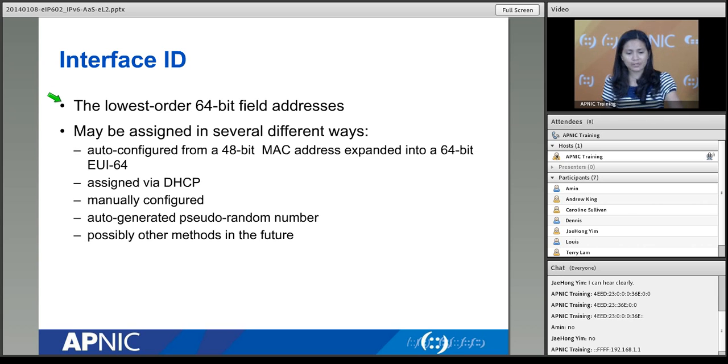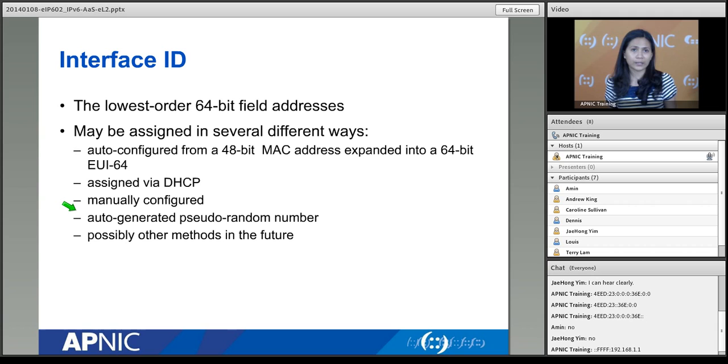So next one is your interface ID, which most of you are already familiar with. Interface ID is the second half, the lower 64-bit half of your IPv6 address. We normally assign them by manual configuration, or via DHCP, but the 2 most common ones are EUI64 and pseudo-random numbers.